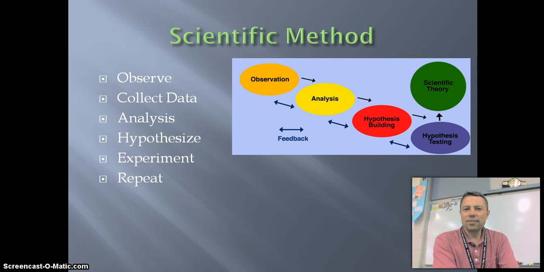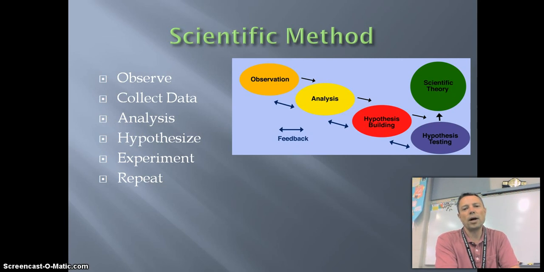But it's fairly logical. We usually have something that we observe, we see, and then we collect some data on that. We get some information about that observation, that problem, that situation, and then we try to think about what's going on with it. So we start to do that analysis process, and that usually leads us into this is what we think is occurring, and this is why we think it's occurring.